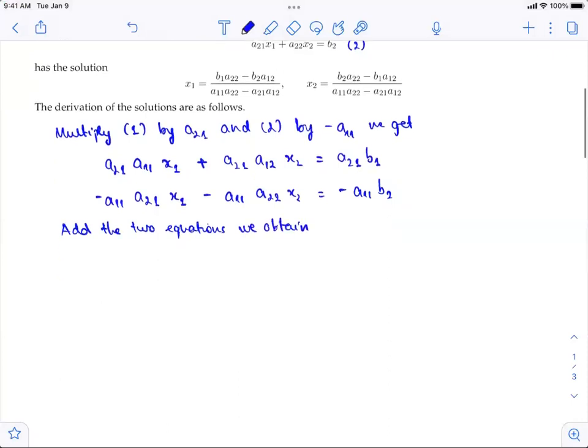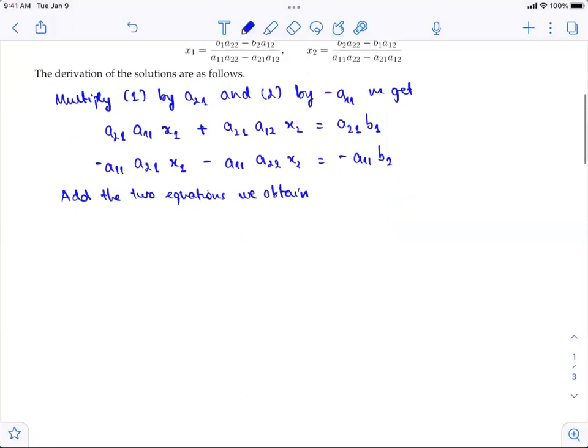The x1 terms cancel out automatically, and you're left with the following terms on the left-hand side: a21 times a12 times x2 minus a11 times a22 times x2, equal to the right-hand side, which is a21 times b1 minus a11 times b2.